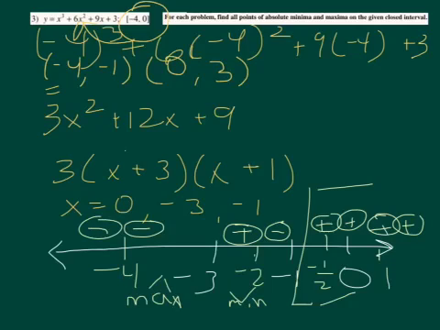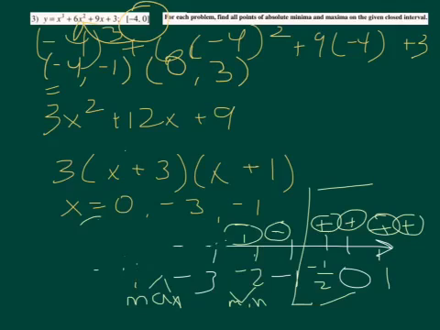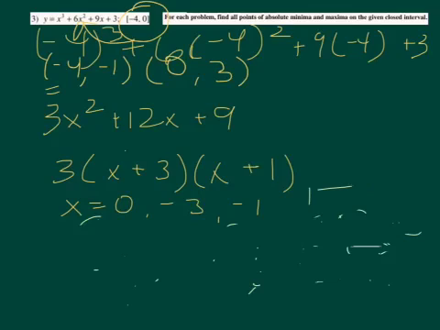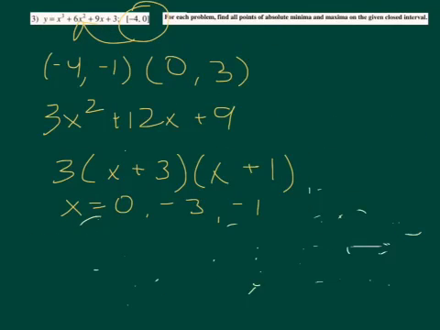So now I'm going to erase this number line. Okay. So now that I know that -3 and -1 are the numbers that give me the max and the min, I will plug it into the original equation again.